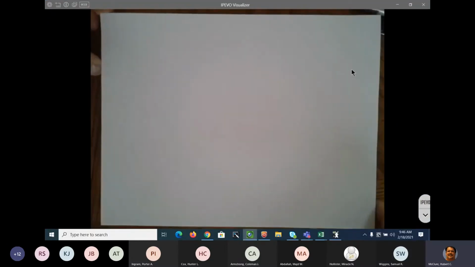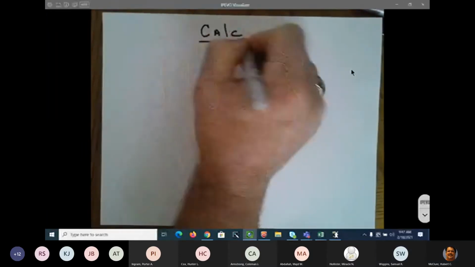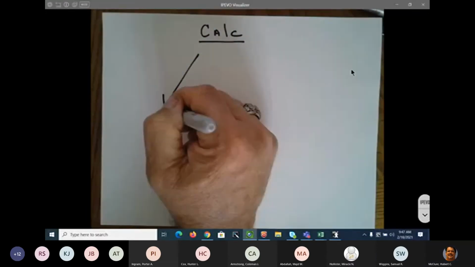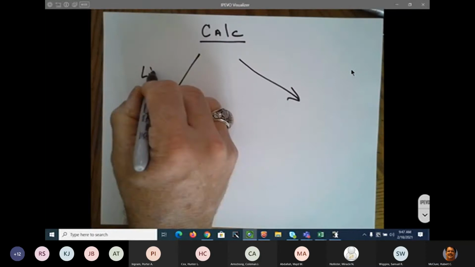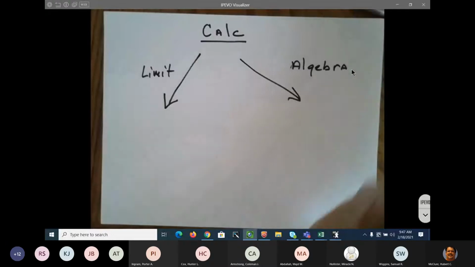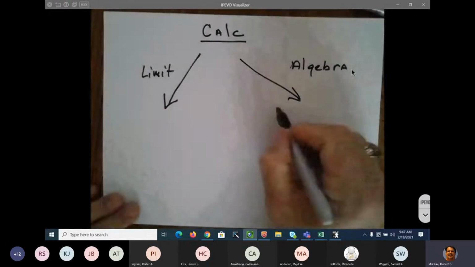I told y'all that the idea of calculus is a merge between limits and algebra. And the algebra is the difference quotient.